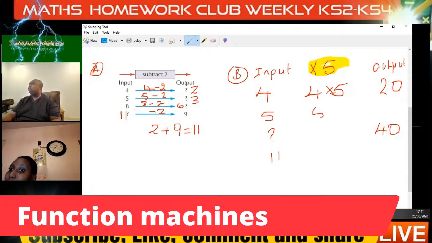Right, what's 5 times 5? 25. Okay. Now, they said here the output, Danzel, is 40. So something times 5 equals to 40. What do you think it is? 8.